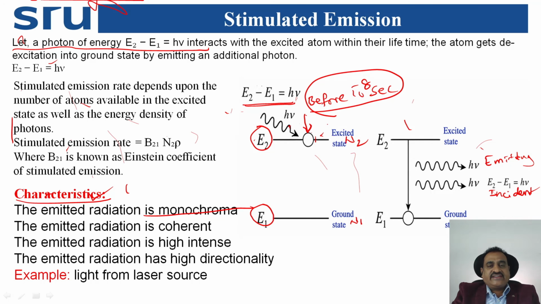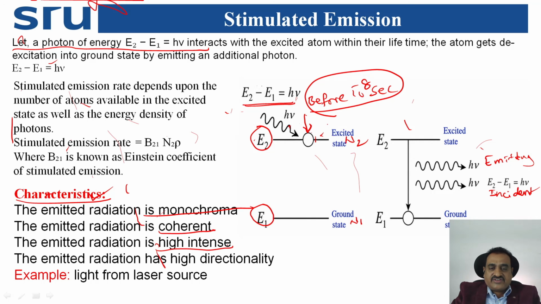Coherent means there is a definite phase relationship between the photons. The two emitted photons have the same phase and frequency. It is highly intense and highly directional.